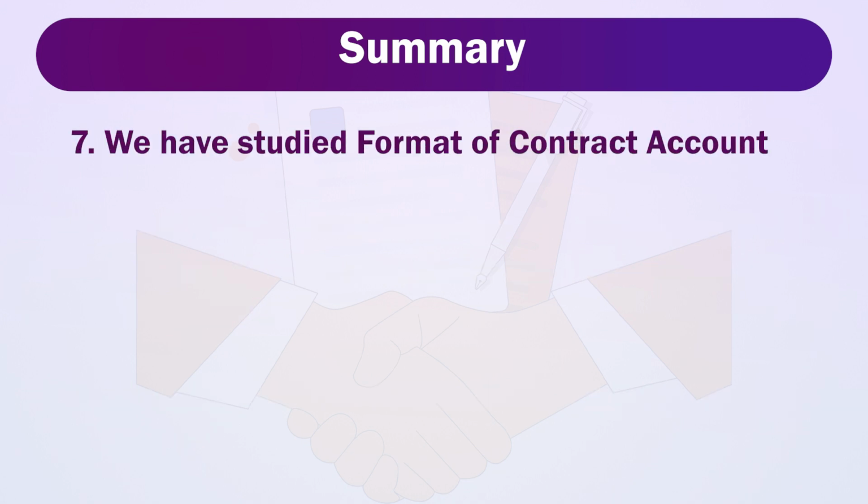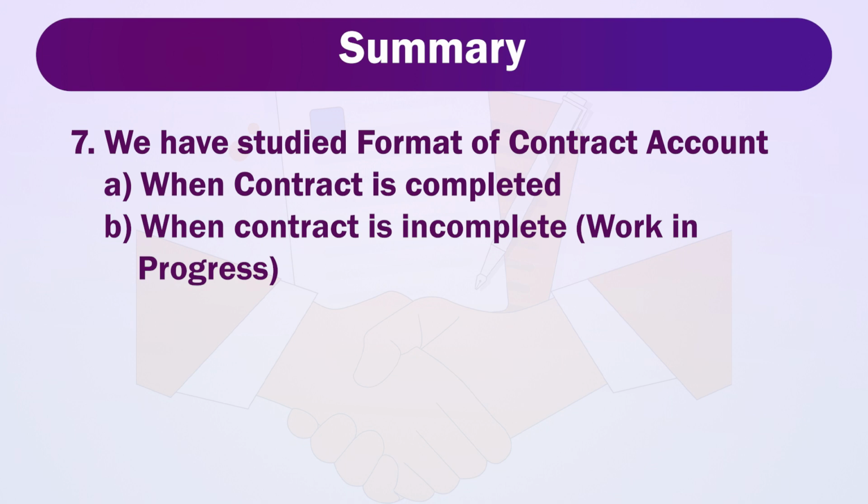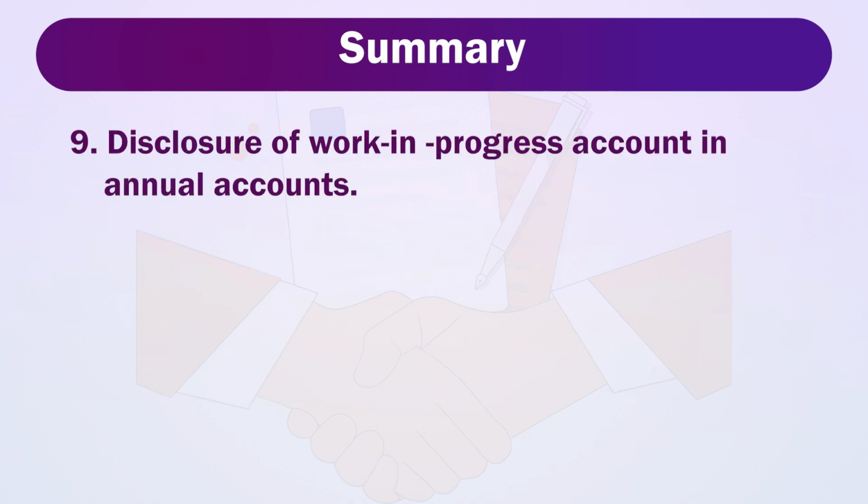Number 7, we have studied format of contract account in case when contract is completed and in case when contract is incomplete, that is work in progress. Number 8, how to determine profit or loss of contract account in different situations. Number 9, disclosure of work in progress account in annual account.